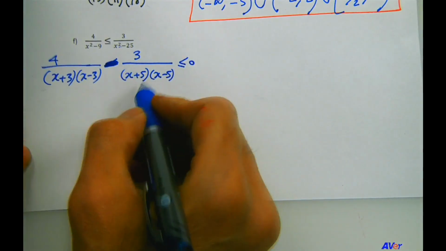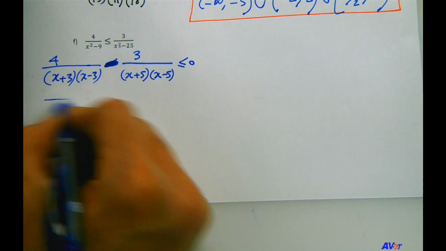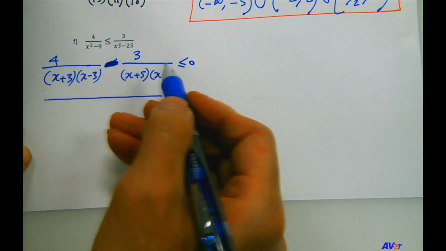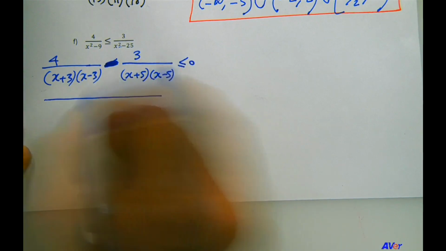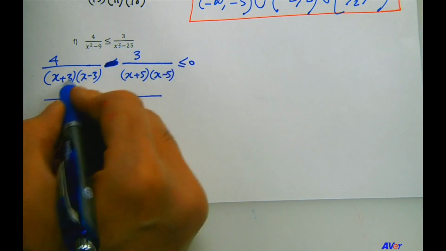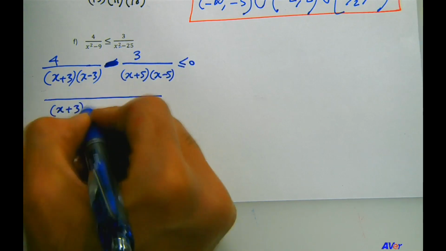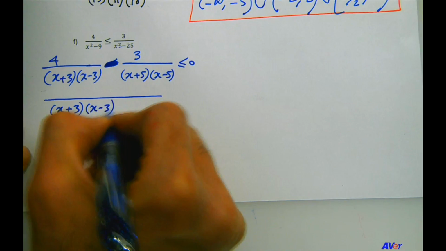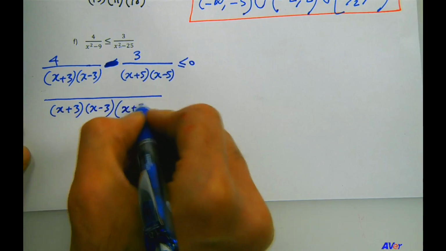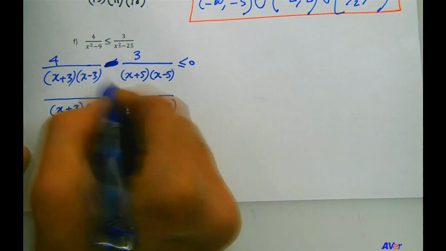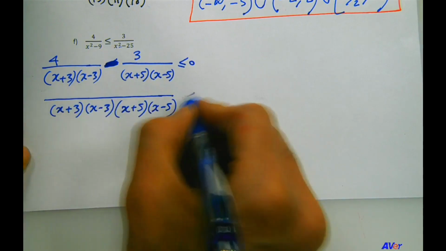Okay, so the common denominator here would be each of these factors in the lowest power that it has, right? So we have x plus 3 times x minus 3 times x plus 5 times x minus 5. And then less than or equal to 0.